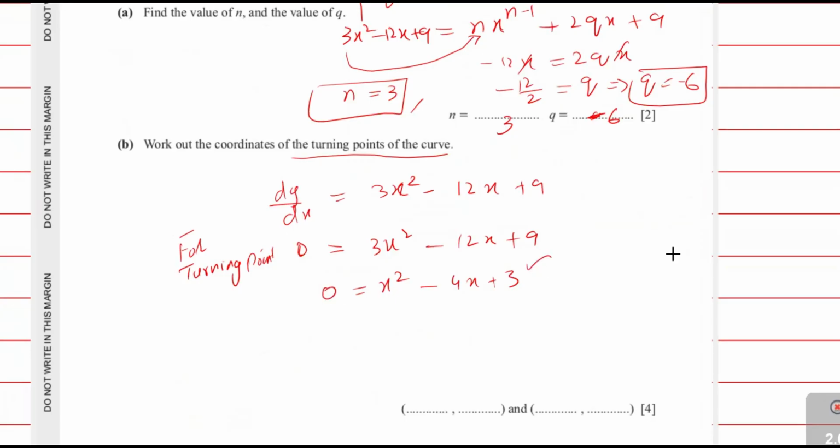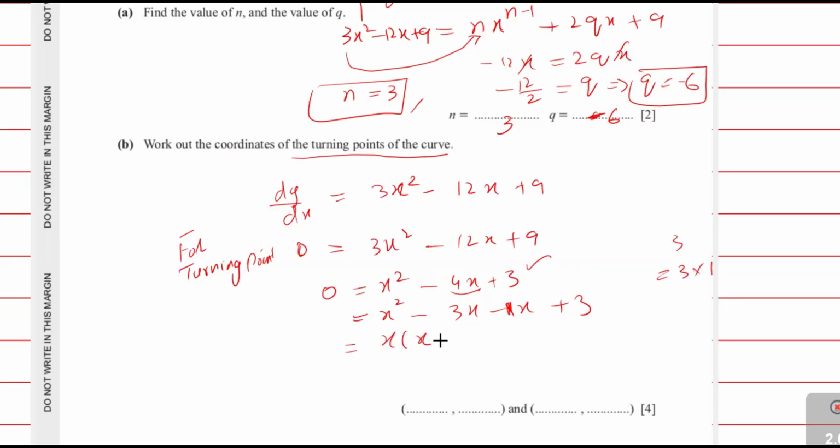Now we will factorize this equation by the middle term breaking method. We can write x square minus 3x minus 1x plus 3. In place of the middle term minus 4x we write minus 3x minus 1x, by taking the factors of 3.